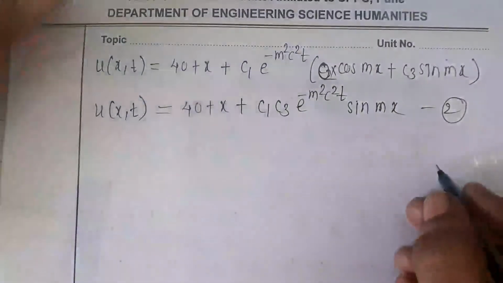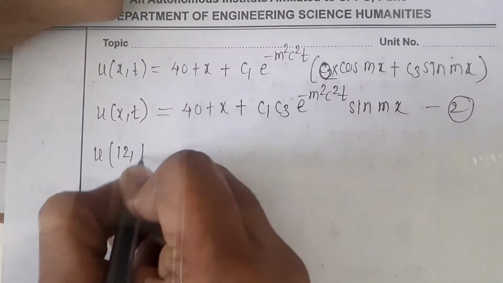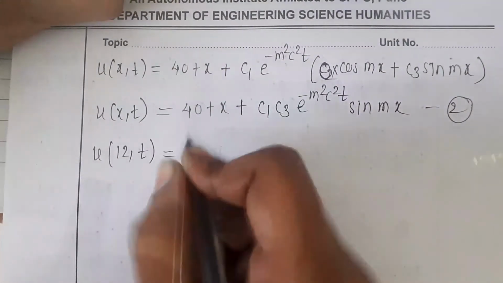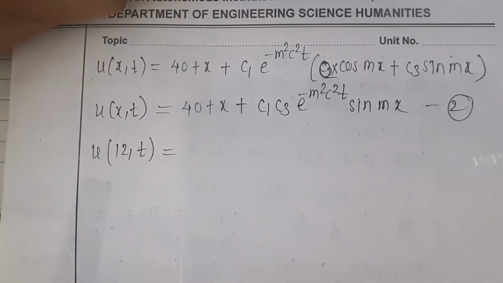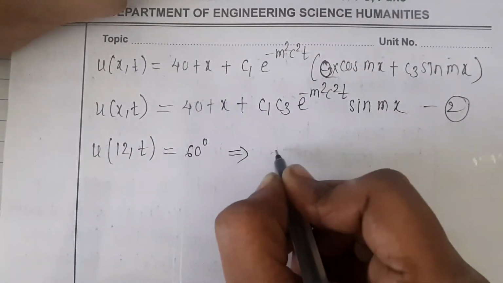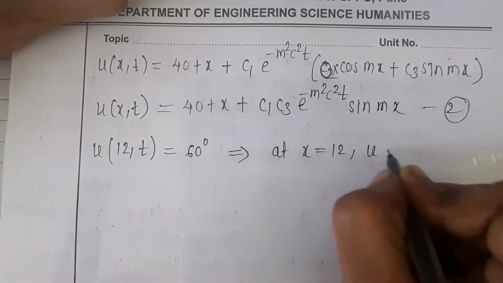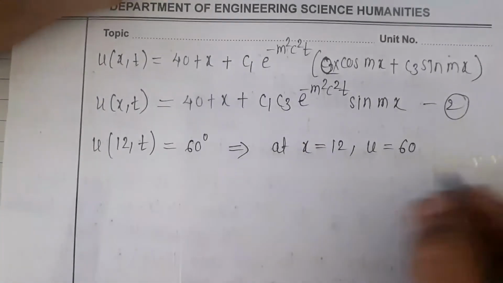Now what is the other condition? U of 20,t is equal to 60 degree. So u at x is equal to 20, u is equal to 60. This is given to us.